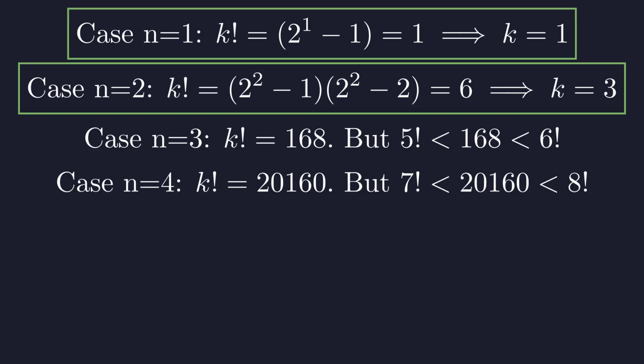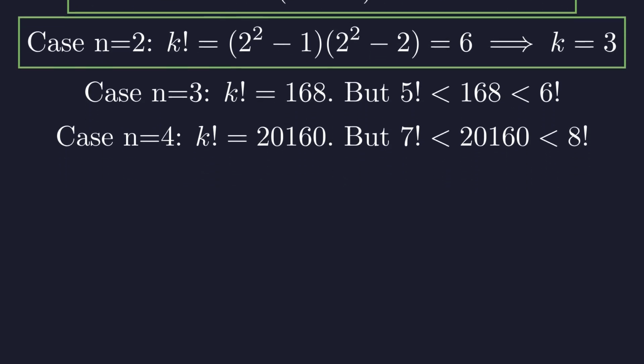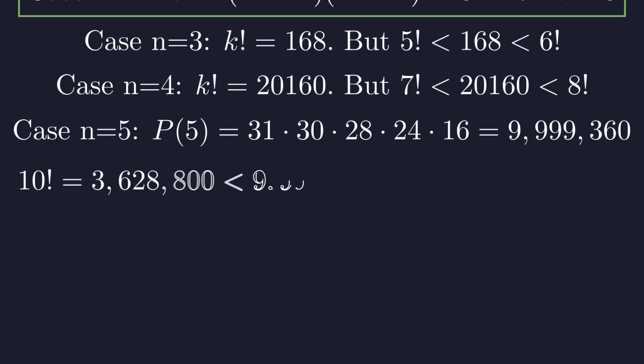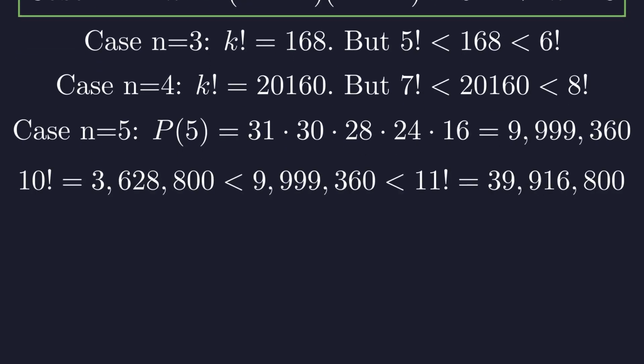Once again, this means it cannot be a factorial, so there is no solution here. Finally, we check the case where n equals 5. The expression P(5) evaluates to another large integer. This value also lies between 2 consecutive factorials, namely 10 factorial and 11 factorial. Therefore, it is not a factorial, and there is no solution for n equals 5.